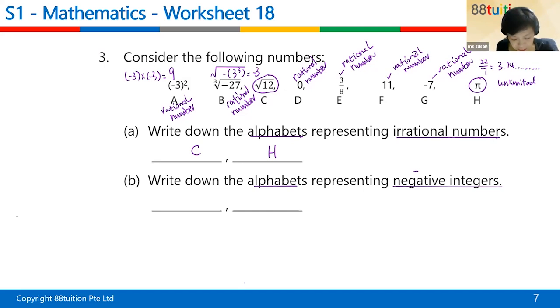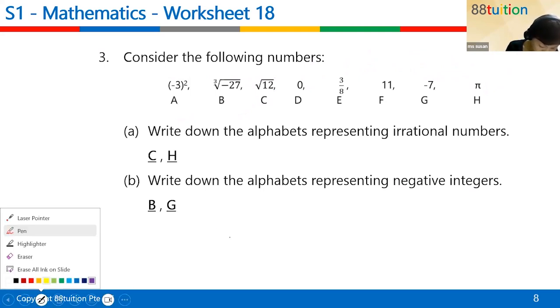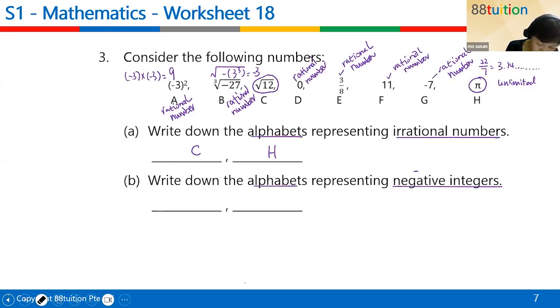Next one, B, write down the alphabets representing negative integer now. So negative, negative means minus, right? Okay, so let's take a look. Minus, which one will give you a -3?